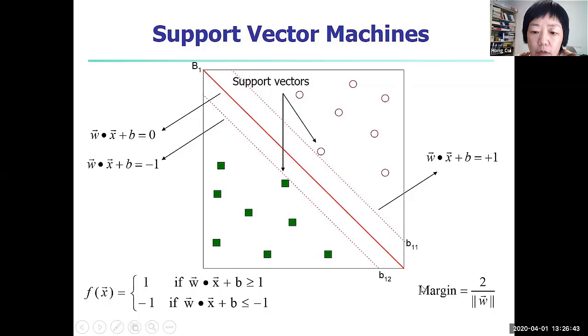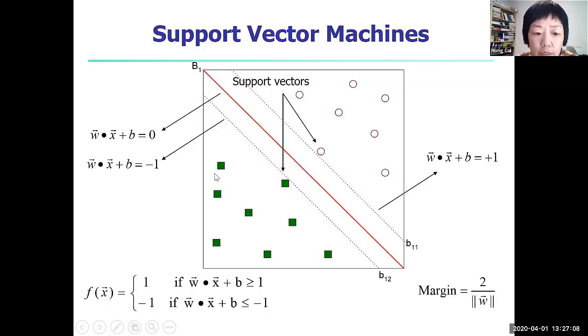Mathematically we can find the margin, which becomes 2 divided by the magnitude of the weight vector. The weight vector is right here.